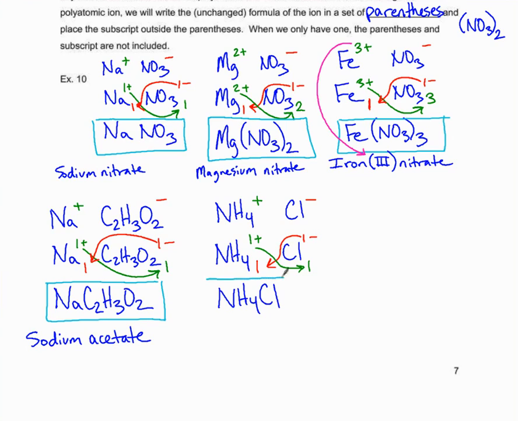So here's the formula. These ones are gone, and most importantly, the charges are gone. Remember, in your chemical formula, there should not be little charges hanging out, because since these two have that positive negative attraction, there's a neutral charge here, and so there should not be charges written. This has a name. This particular polyatomic ion is ammonium, and the compound itself is ammonium chloride.